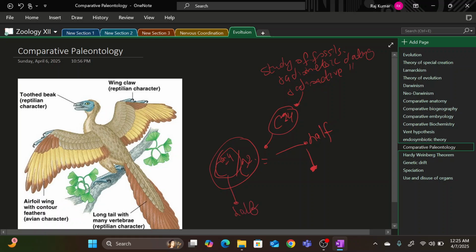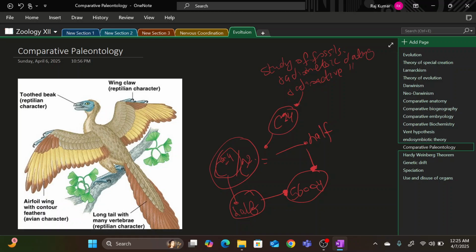And when the quantity of C14 has decreased to half, it means that the amount of time which has passed for this fossil is equal to the half life of the radioactive carbon C14. And the half life of C14 is 5,600 years. In that way, the scientists estimate how old the fossils are, and from approximately what time period these fossils were present.